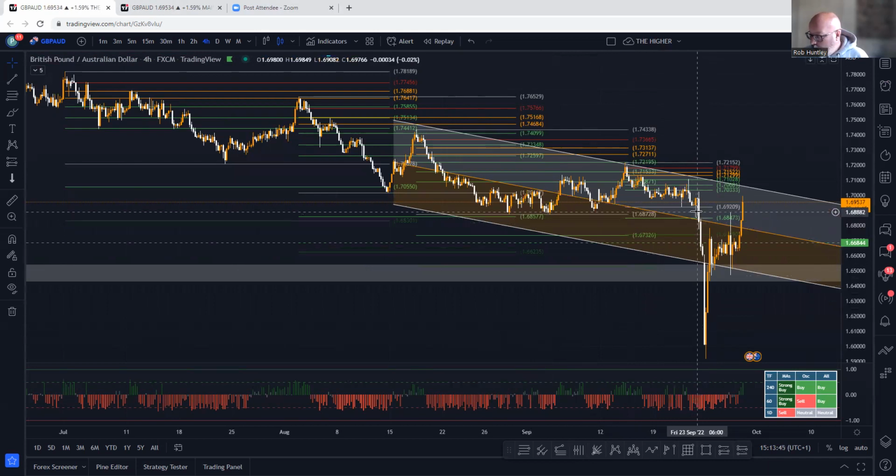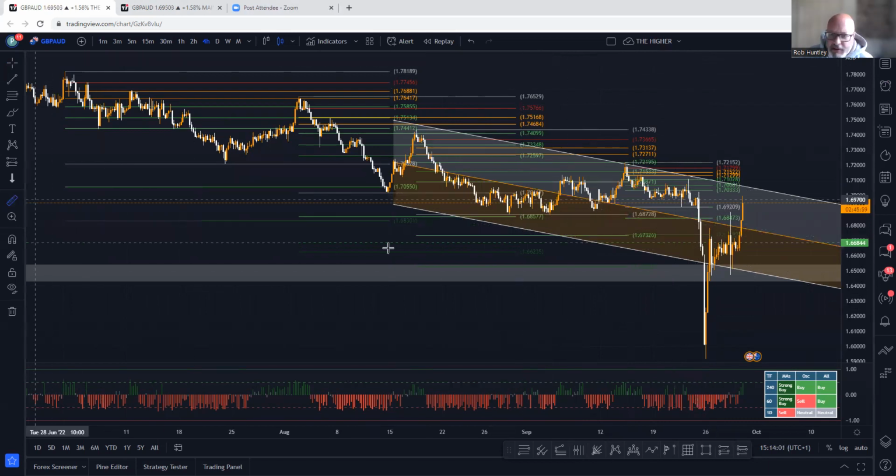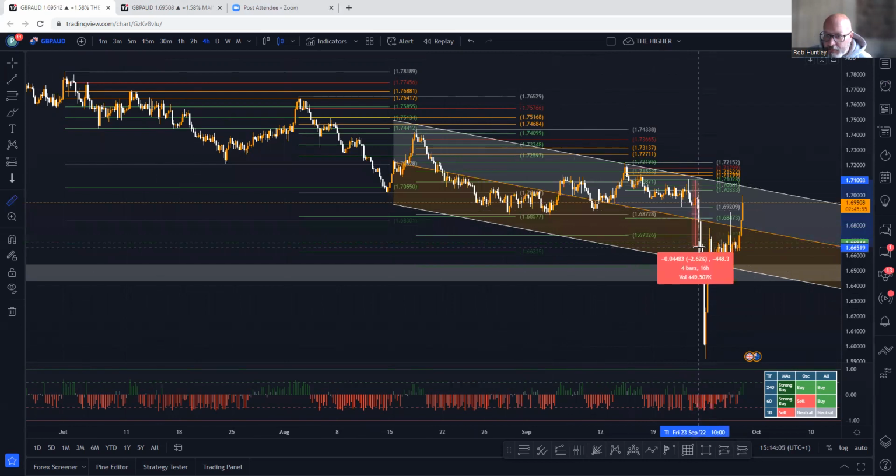And so that, I'll talk you through this because this is more recent. But yeah, that was quite an interesting setup. So that played out quite nicely. I can't remember now how many pips that was. That was roughly down to that level was 366.